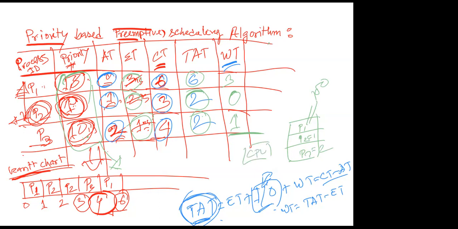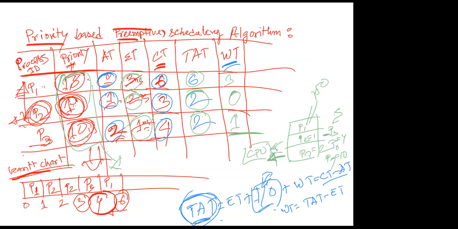Which process will get the priority? P1. P1 will be executed by the CPU, and by this time let's say other processes are created, with priority numbers 5, 4, and 10. So all newly created processes will get the priority to get the CPU.